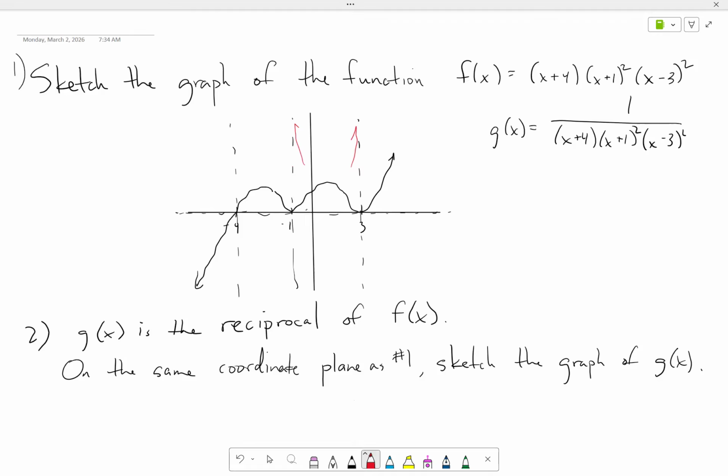Yes? And we could just fill it in from there. So we have a multiplicity of 2 here. So I'll do this right here. On the other side of -1, it's going to be up on both sides. And then of that -1.